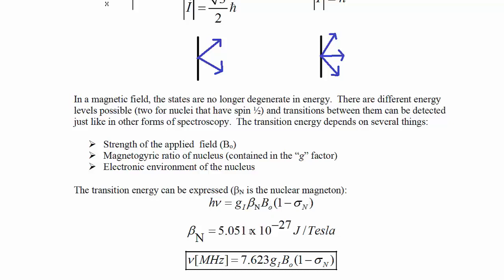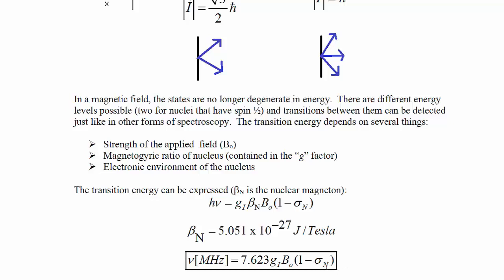Here's the value of that constant that's in this equation in terms of joules per Tesla. And if you put this number in, manipulate it so that you have solved for frequency in megahertz, you can come up with this simpler equation that relates any nuclear G factor, given the strength of a magnet, to where that nucleus would be seen in the spectrum.